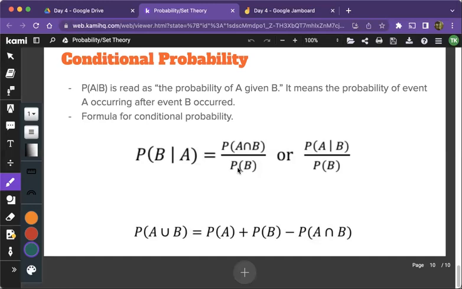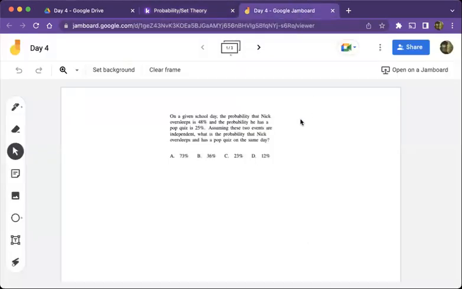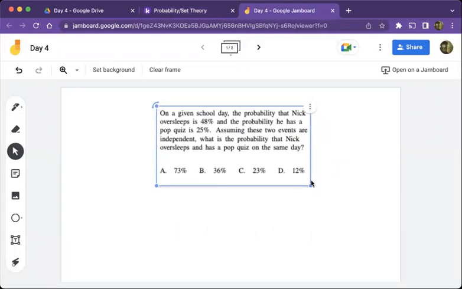So let's go over some regents problems and the way they use this on the regents. On a given day, the probability that Nick oversleeps is 48%.